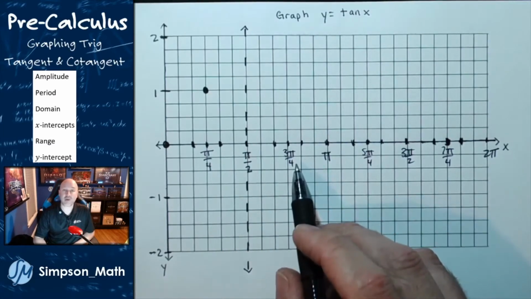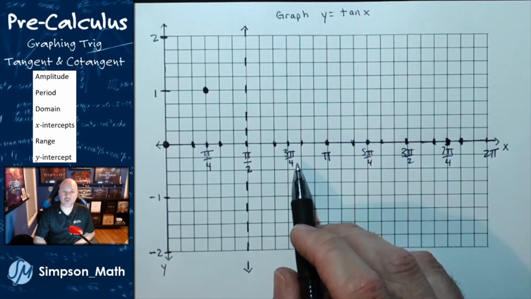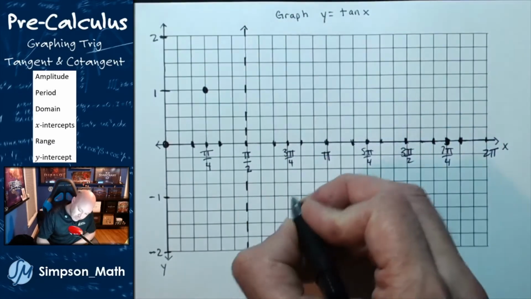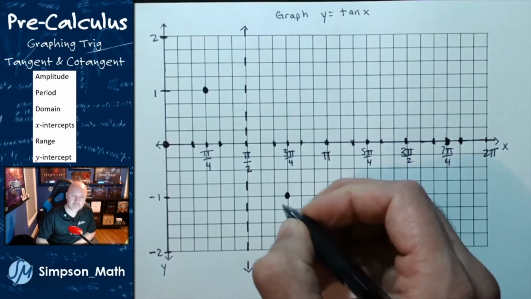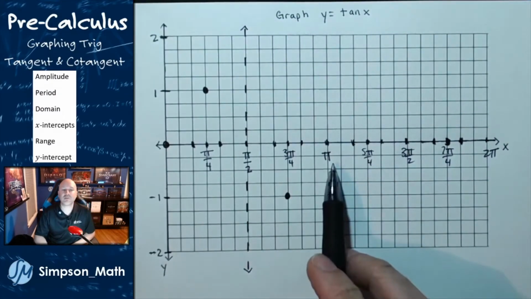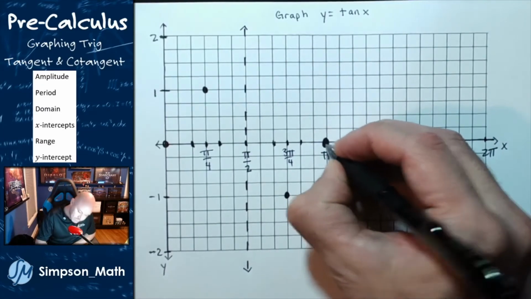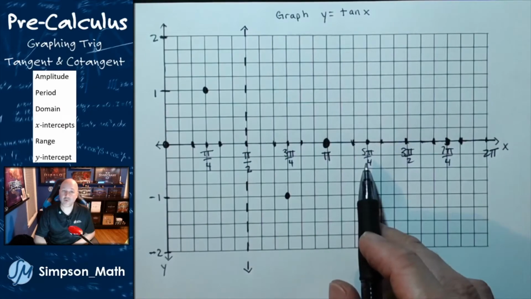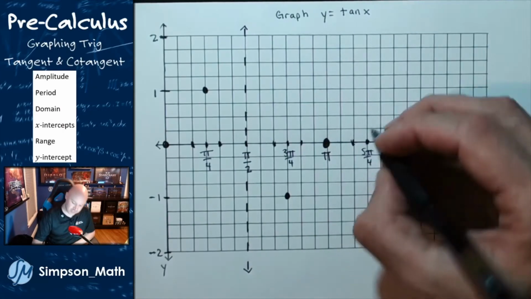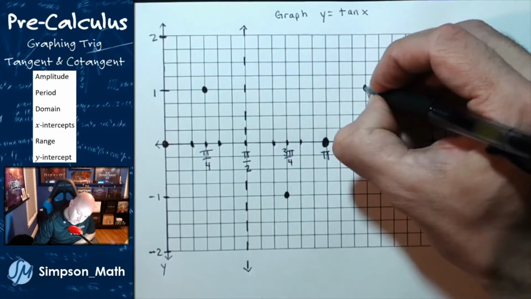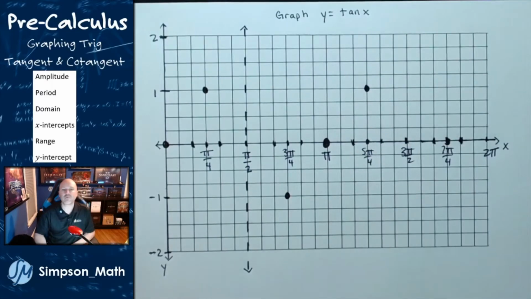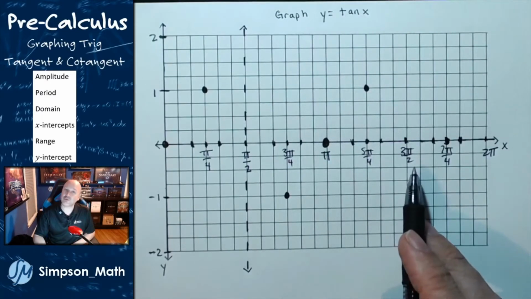Continuing, 3 pi fourths, we're now into quadrant 2, where tangent becomes negative, and 3 pi fourths is pretty, so tangent is a -1. Tangent of pi is 0. 5 pi fourths is in quadrant 3, where tangent is positive. It's a lovely 1 again. 3 pi halves, or 270 degrees, is straight down.